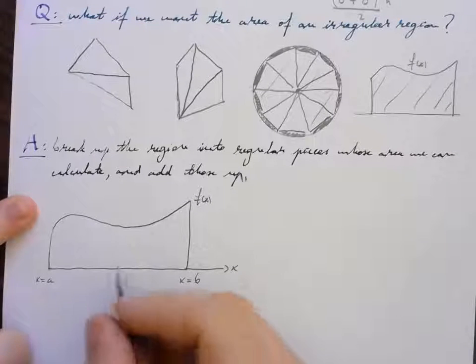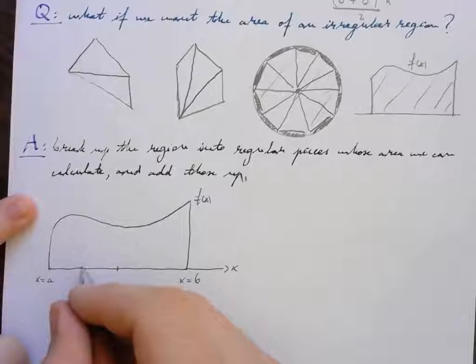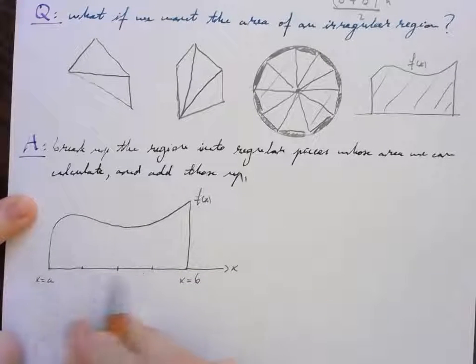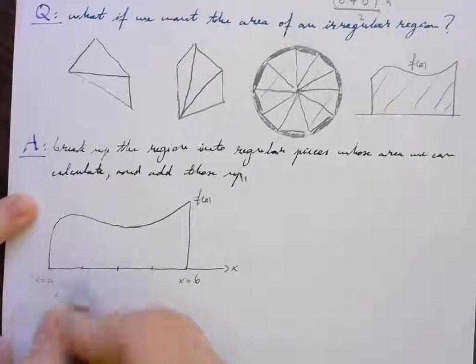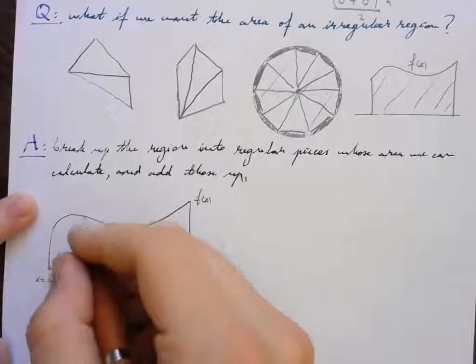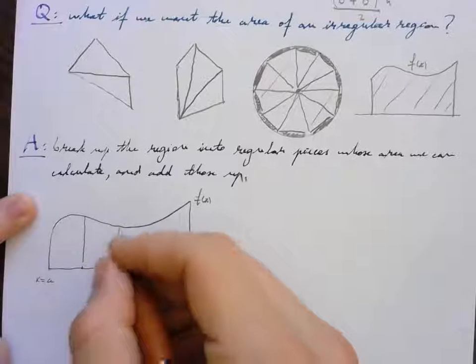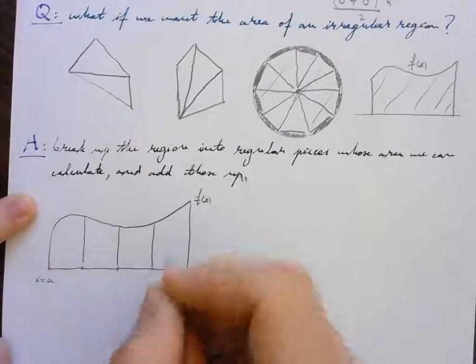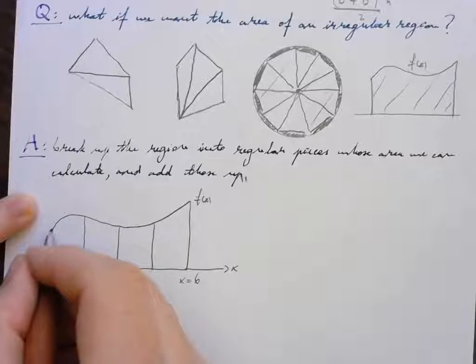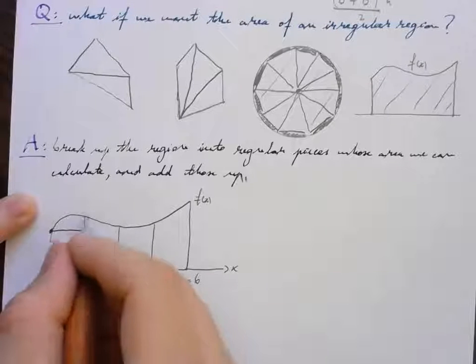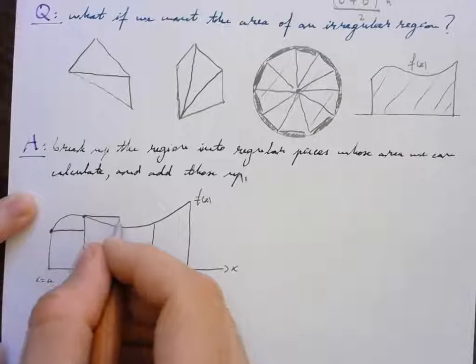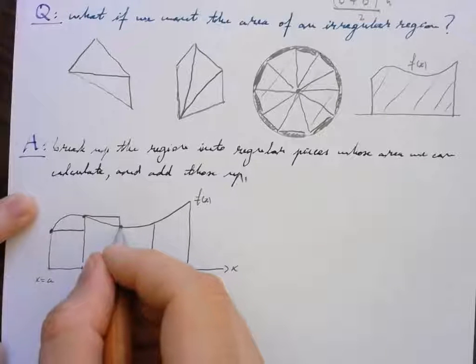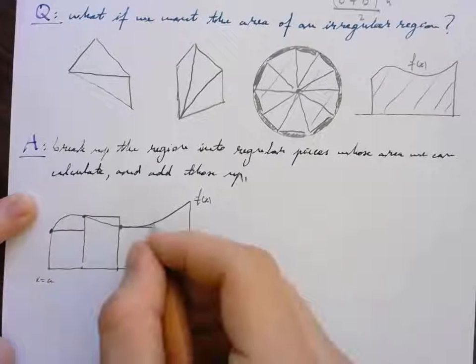What I want to do is break this region. First, I want to break the interval on which I'm graphing this, so from a to b, I'm breaking it into several pieces. Then I'm going to split this into rectangles, just like so.